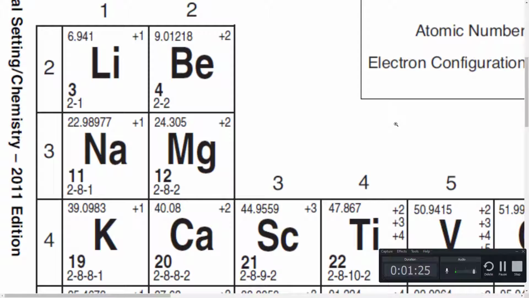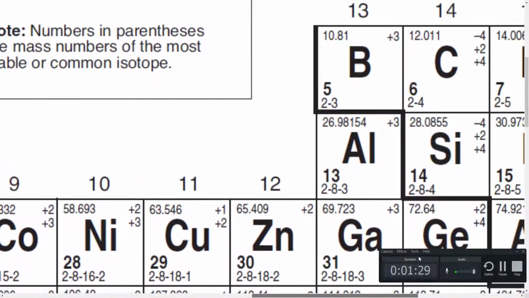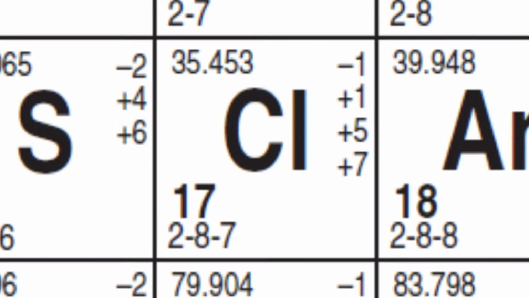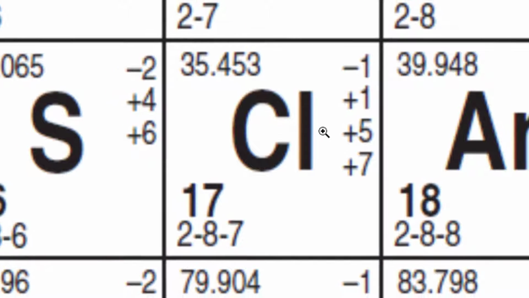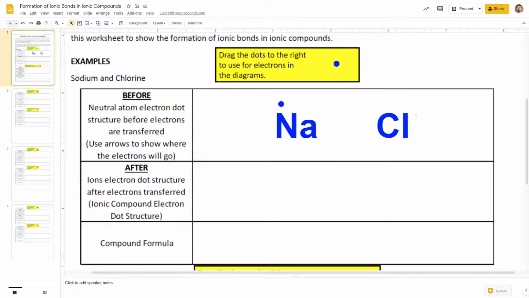And then for chlorine, which is on the opposite side of the periodic table, we can see it is number 17, and it has 2, 8, 7. And so that means we have 7 valence electrons around it.